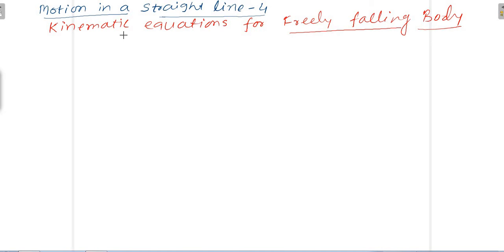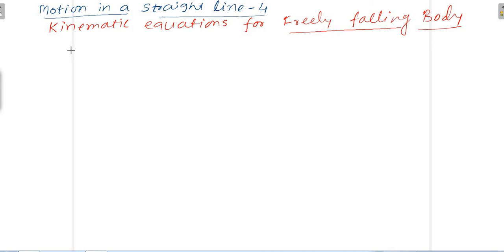Now, why does this ball go down? The ball goes down because Earth's gravitational pull is attracting it. So the ball is going to fall with accelerated speed, and the acceleration is given by g. We will discuss this in the relevant chapter.